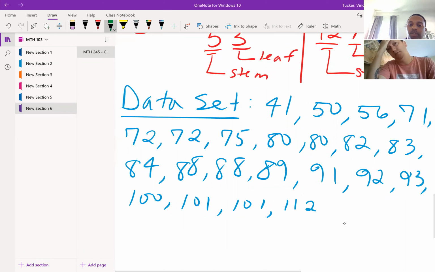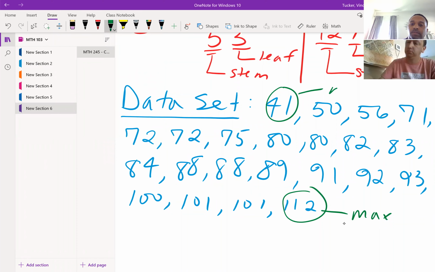So you want to establish what your max value and what your minimum value is.